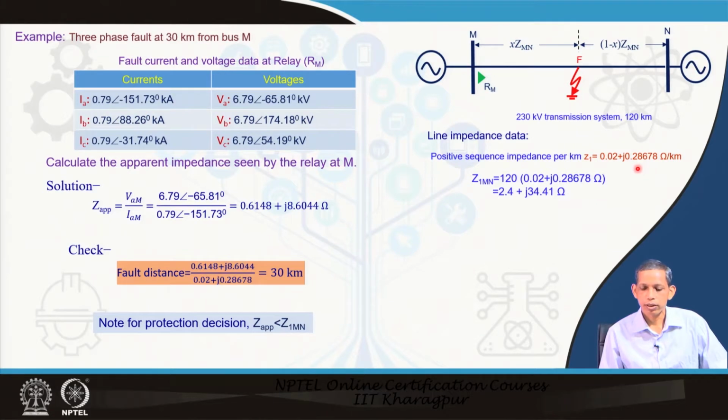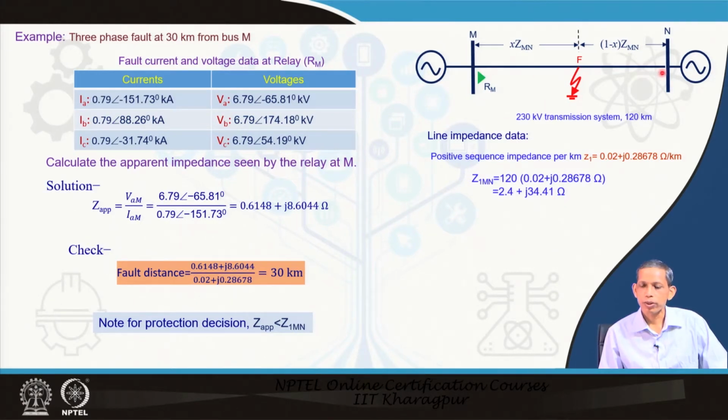Therefore, the corresponding total positive sequence impedance of the line, capital Z1 MN, is 120 kilometer into the per kilometer impedance. So, that gives us 2.4 plus j 34.41 ohm.